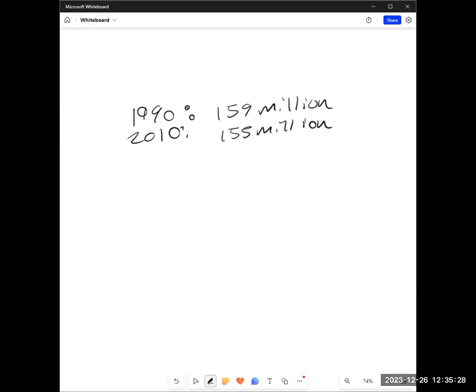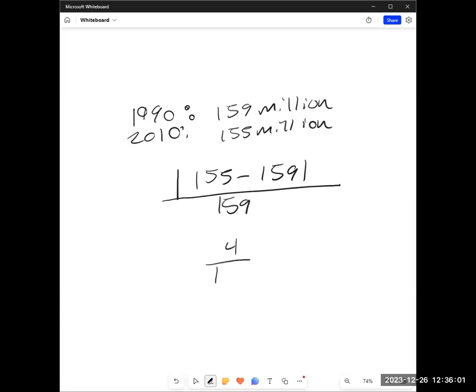Determine the percent decrease in the country's population during the time period. So we'll do some more percent decrease problems, but we're going to take the absolute value of final minus initial divided by initial. And these are all in millions, so the millions are going to cancel out. So this is going to be a difference of 4 over 159, and then that's going to be times 100%.